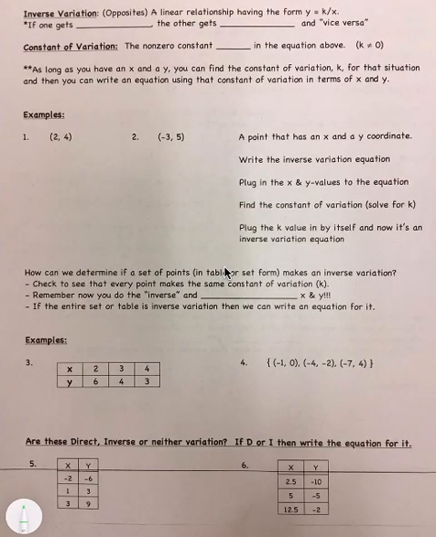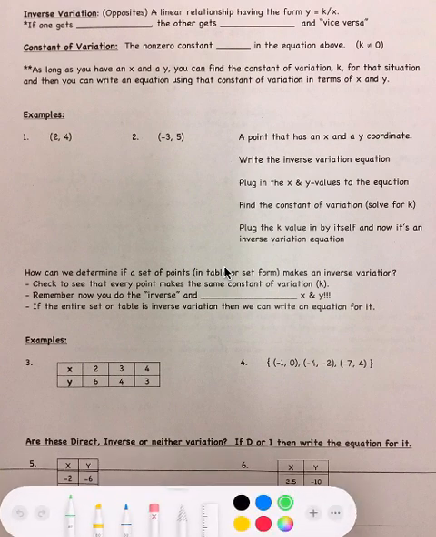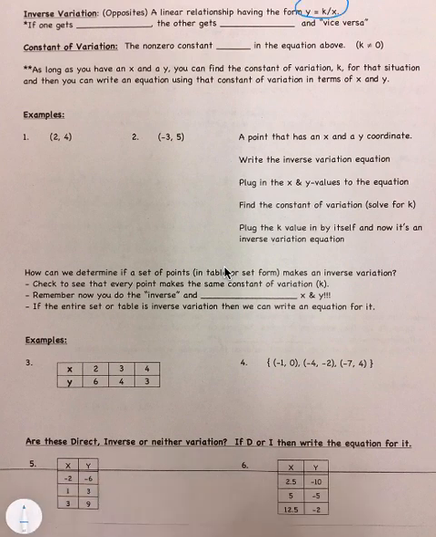Okay. And so it looks like the same as the front side, but now it's for an inverse variation rather than direct variation. So an inverse variation, think opposites. It's a linear relationship having the form y equals k over x. If one gets bigger, the other gets smaller, and vice versa.